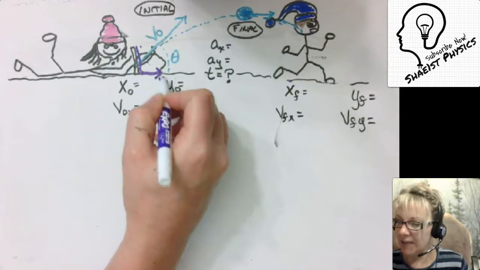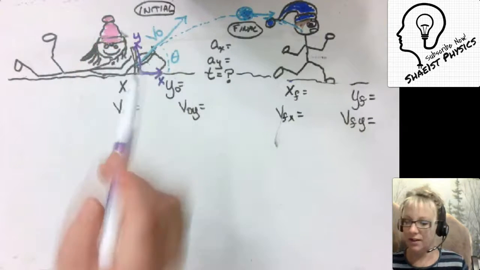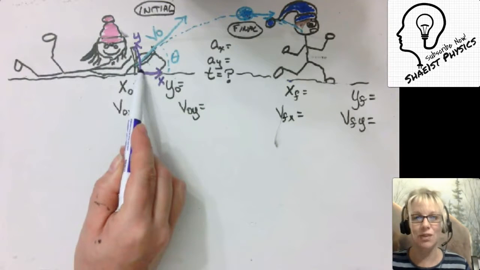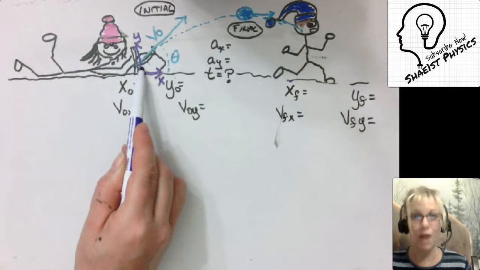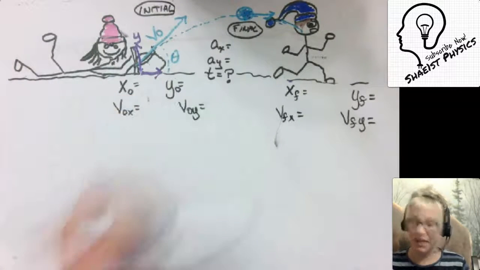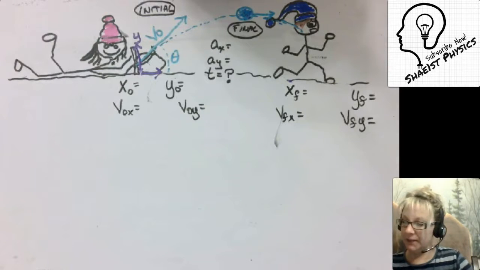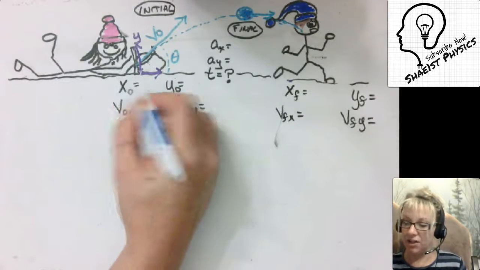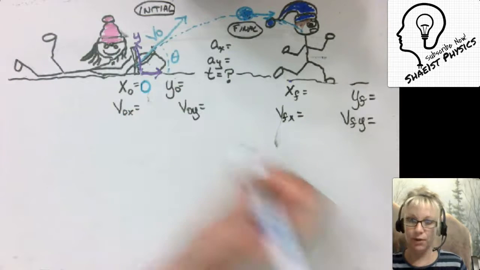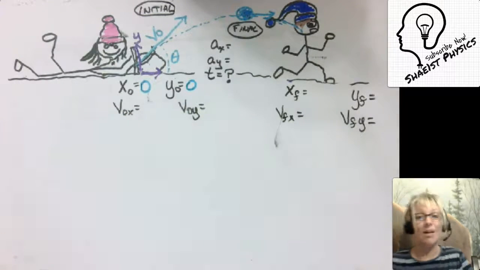So basically I'm saying that at this point right here, my x value is going to equal 0 and my y value is going to equal 0. Well, that just happens to be the x and y position in the beginning. So my initial x value is 0. My initial y value is 0. That's how I set it up.